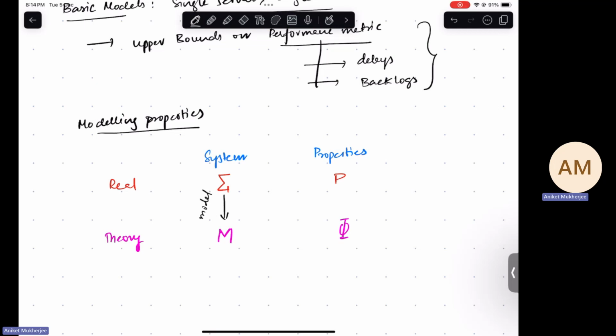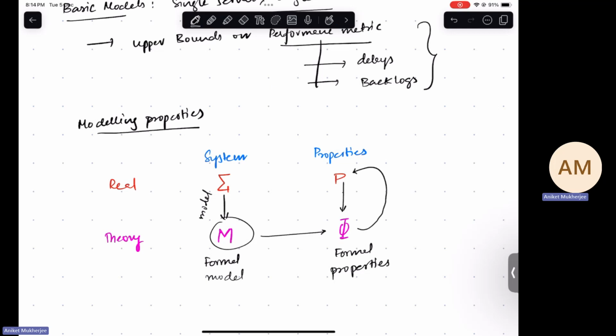This is a mathematical model of your real life system, and it will have some mathematical properties. So this is a formal model, and it will have some formal properties. Now we want to see how well the real life properties map to the formal properties. What we want is for all the formal properties to be mapped to the real system's properties. We may not even know all the properties of the real system; we can only observe some of the properties that it can have.